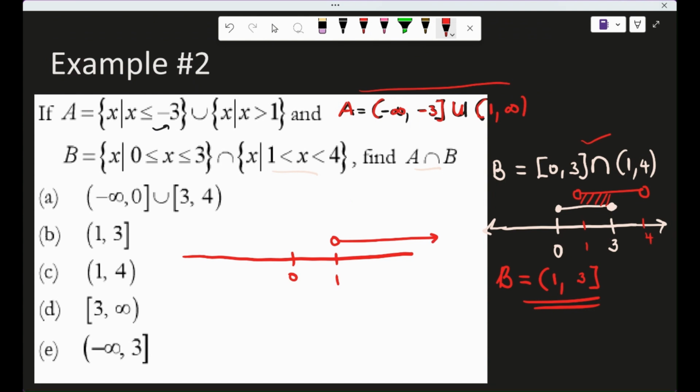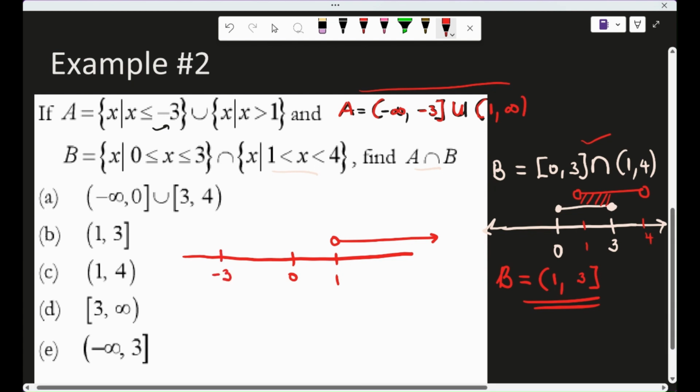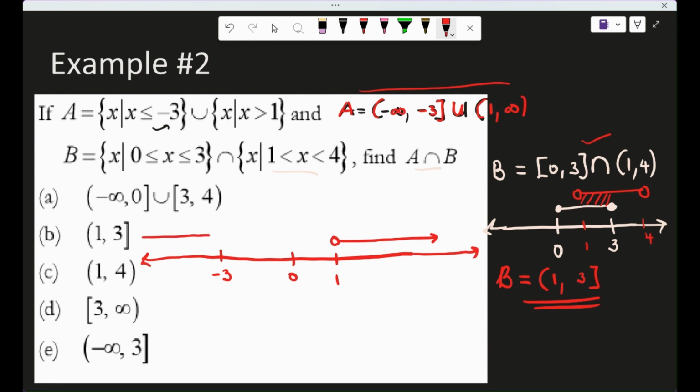And from minus infinity to minus 3, so let's say this is minus 3, and this keeps going. So minus infinity to minus 3, but this is going to be closed. So everything here is just A in red.